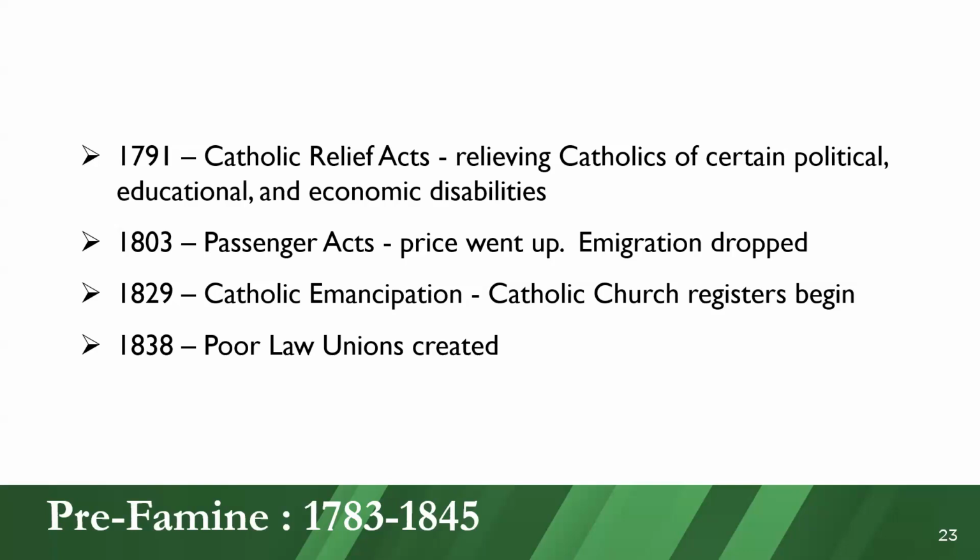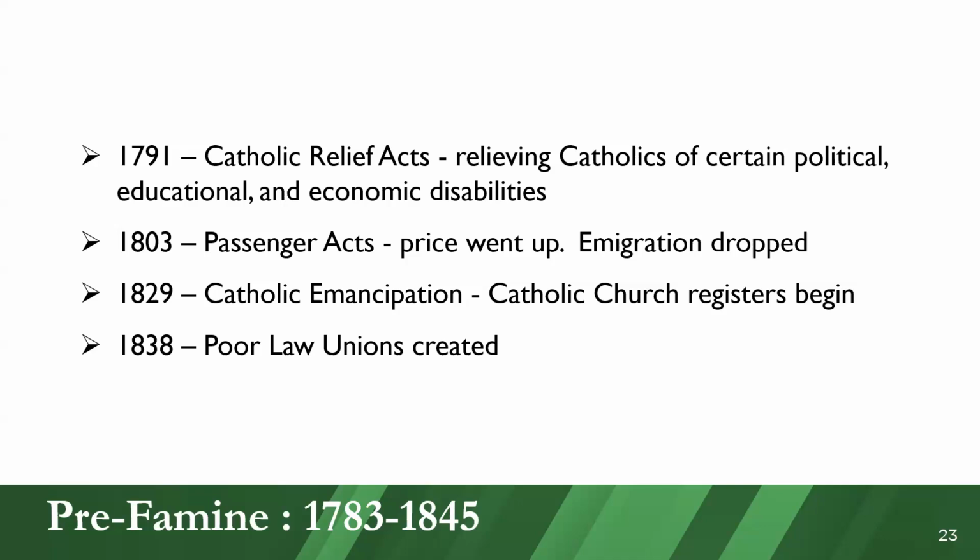They also found out that their lowering of prices was letting a lot of the Irish immigrate, and they were running low on Irish, which is kind of unusual. But they decided that somebody needed to farm the land, and the Irish were the best ones to farm the land.